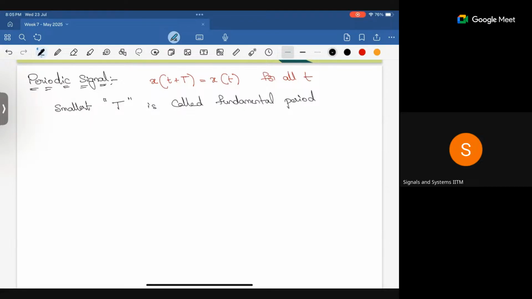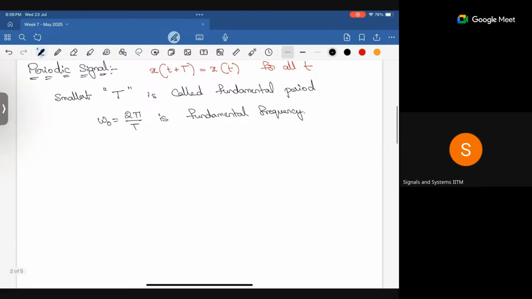And the omega naught, which is 2 pi by this capital T, is the fundamental frequency. I know we would have seen this earlier also.